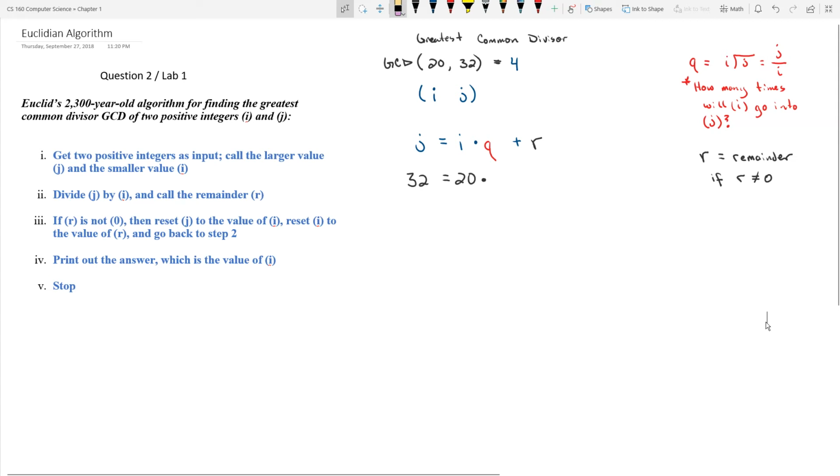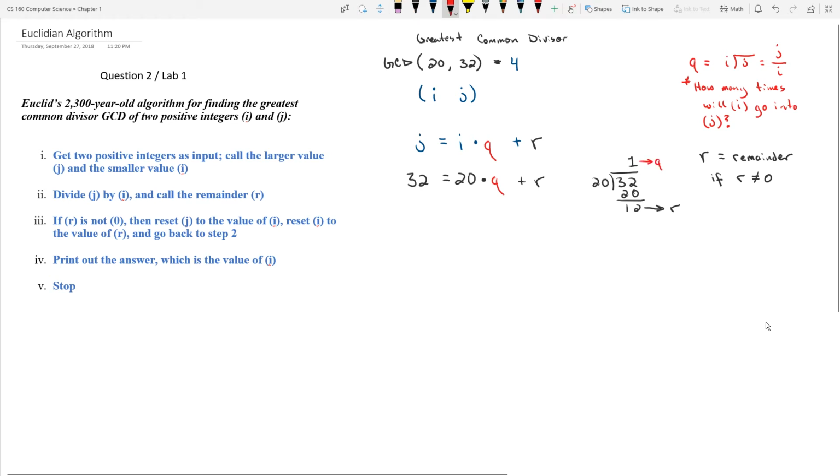So to begin with, we don't know what Q is, and we don't know what our remainder is. So let's solve for that. Off to the side, let's just begin doing our division. We're going to say 32 divided by 20. 20 will go into 32 just one time, and our remainder is 12. Q really isn't that important.